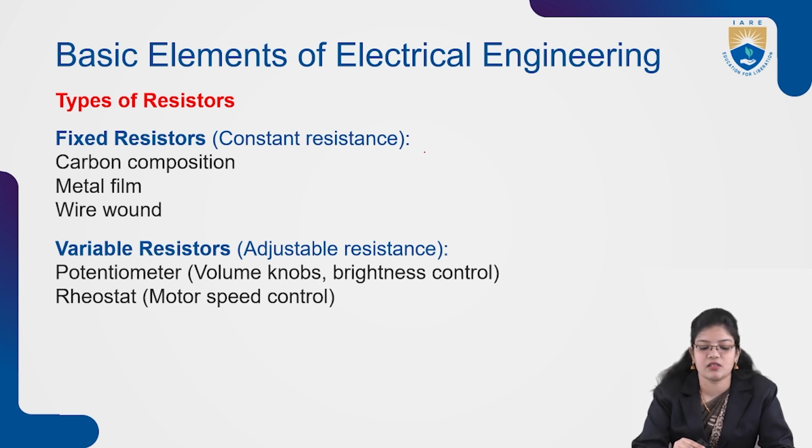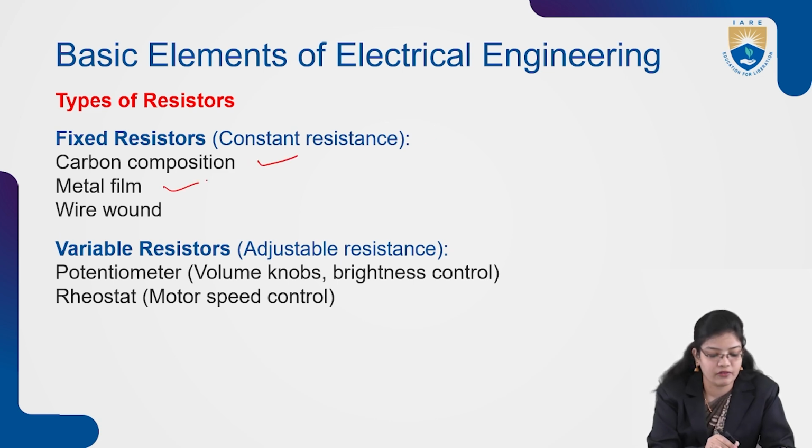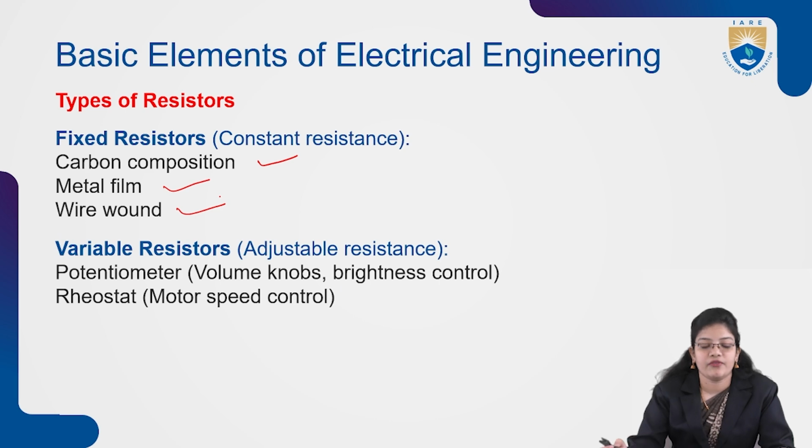Fixed resistors, also known as constant resistance, are made up of carbon composition, metal film, and wire wound. The fixed resistance has only a fixed value; we cannot change it. Variable resistors are of adjustable resistance. They are used in potentiometers like volume knobs and brightness control. The second one is the rheostat, which is used to control the speed of motors and generators.